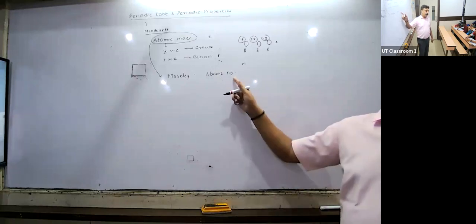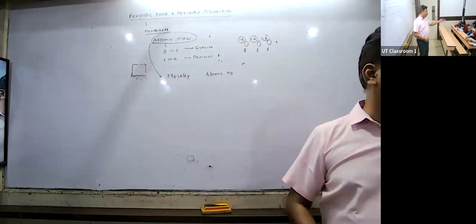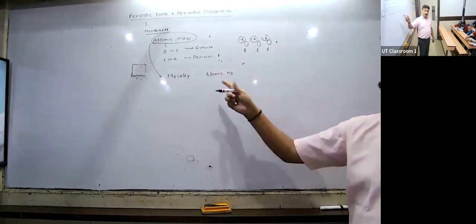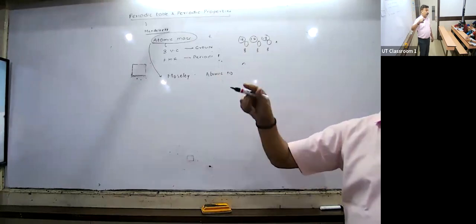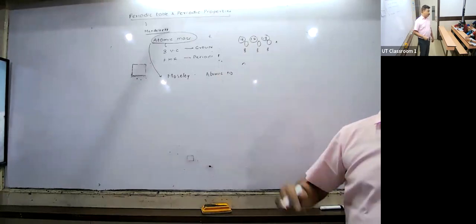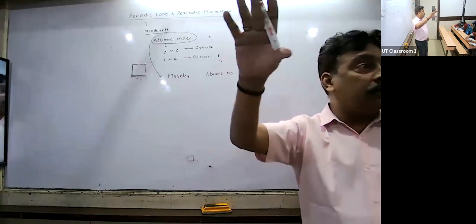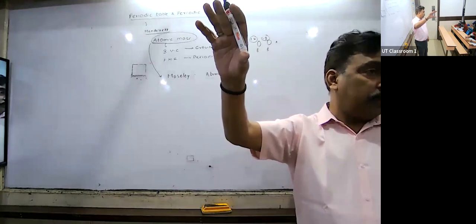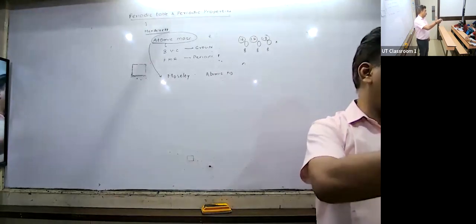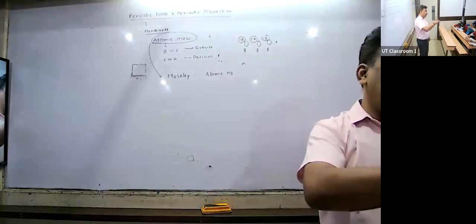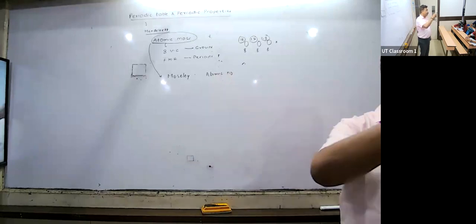Atomic number is a fundamental property, and therefore he came out with the modern periodic table and the modern periodic law, which says that the physical and chemical properties of the elements are periodic functions of their atomic numbers and not atomic mass. Means when you arrange the elements in the increasing order of their atomic numbers, the properties repeat or recur at regular intervals. They are bound to recur, because after some time, the electronic configurations will reappear.